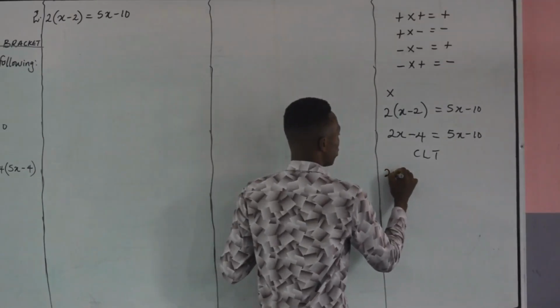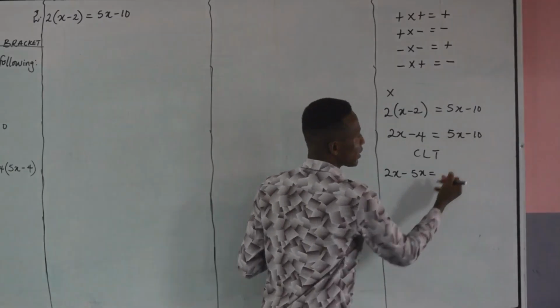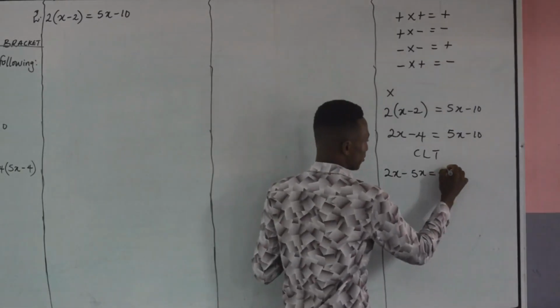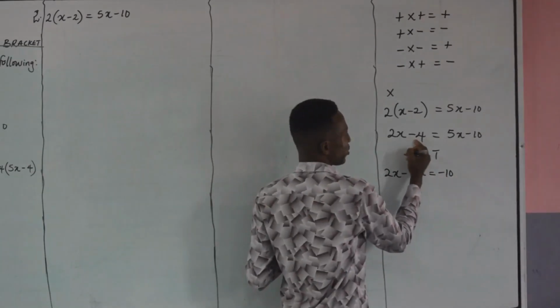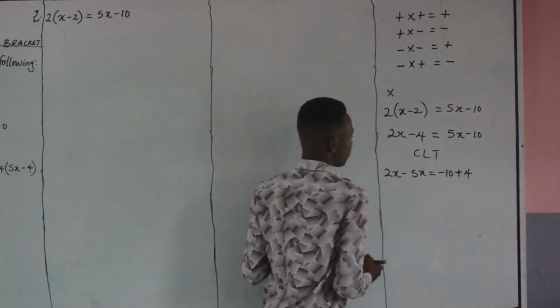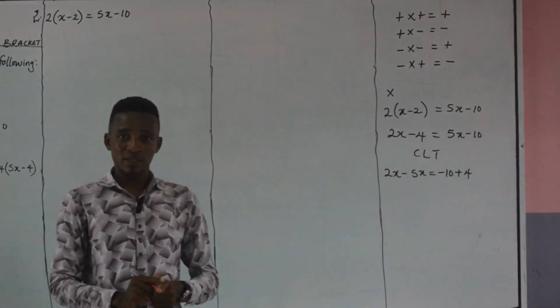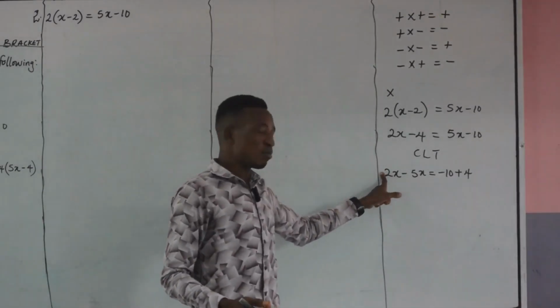So we have 2x minus 5x equals to, on the right hand side we are left with minus 10, because this minus belongs to the 10. Then this minus 4 crosses this equals to become plus 4. Now we are reduced to direct number now. Plus 2 minus 5. Plus 2 because we have invisible plus here.